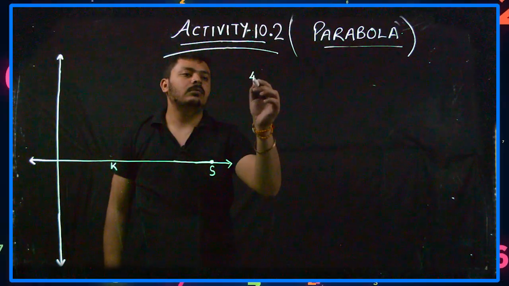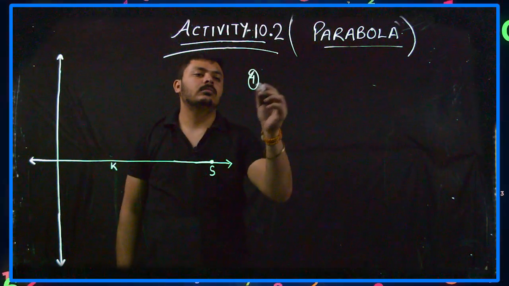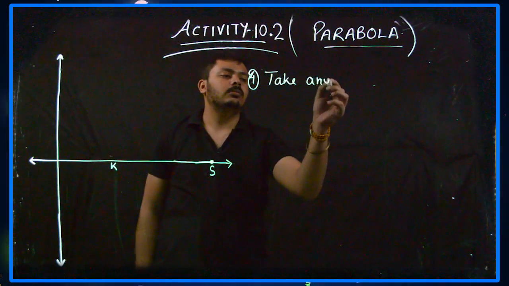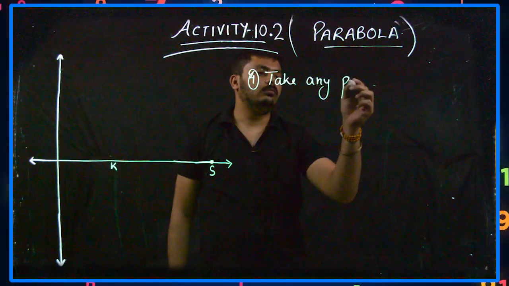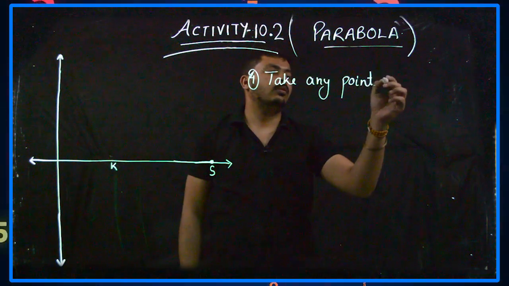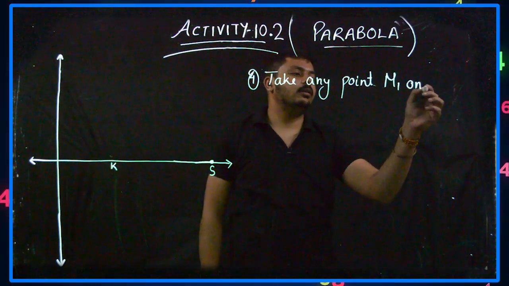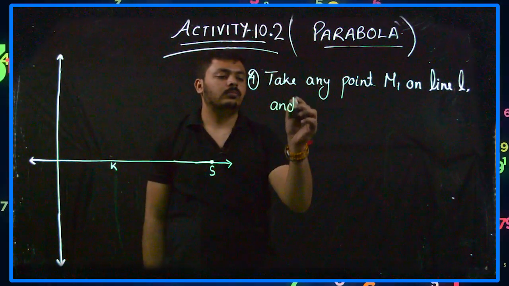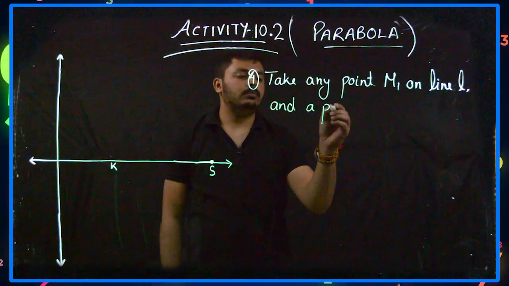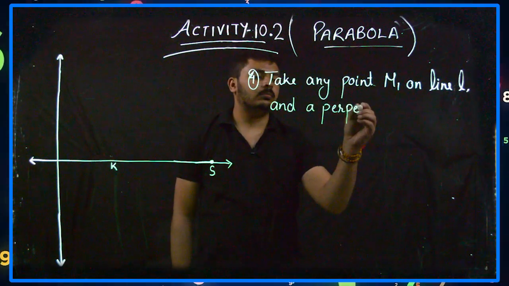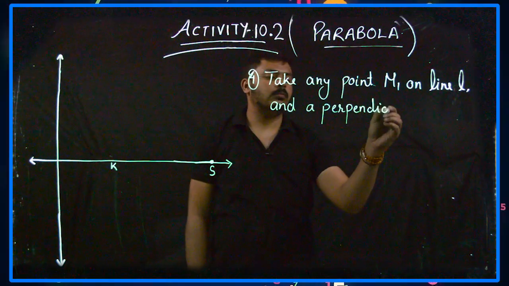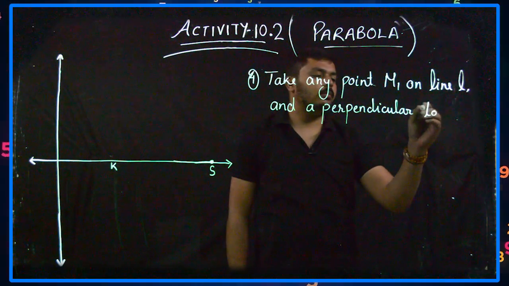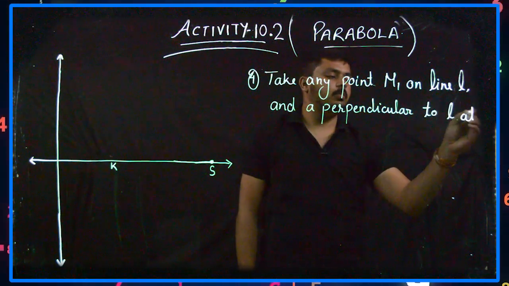Now step 4. Take any point M1 on line L and draw a perpendicular to L at this point.